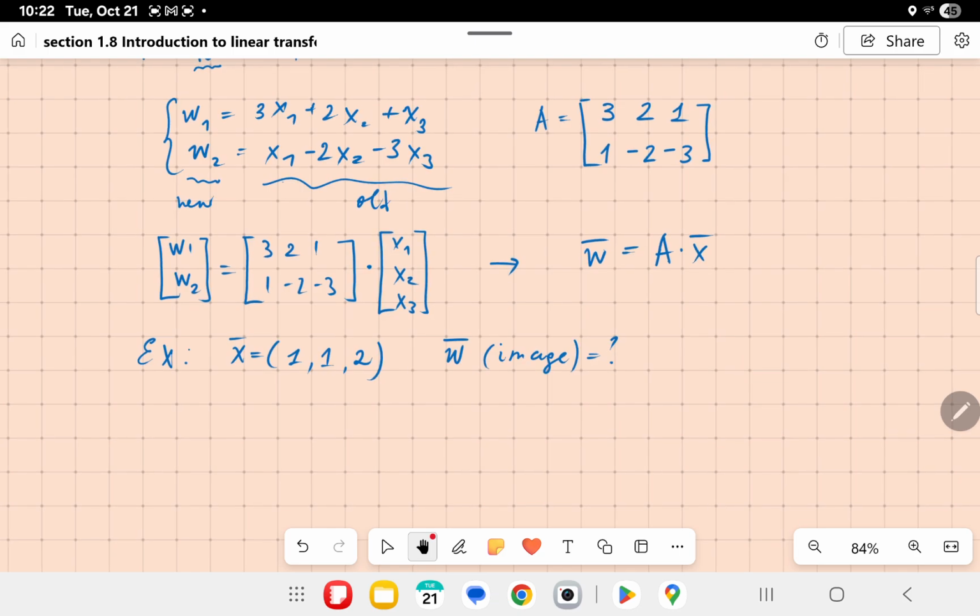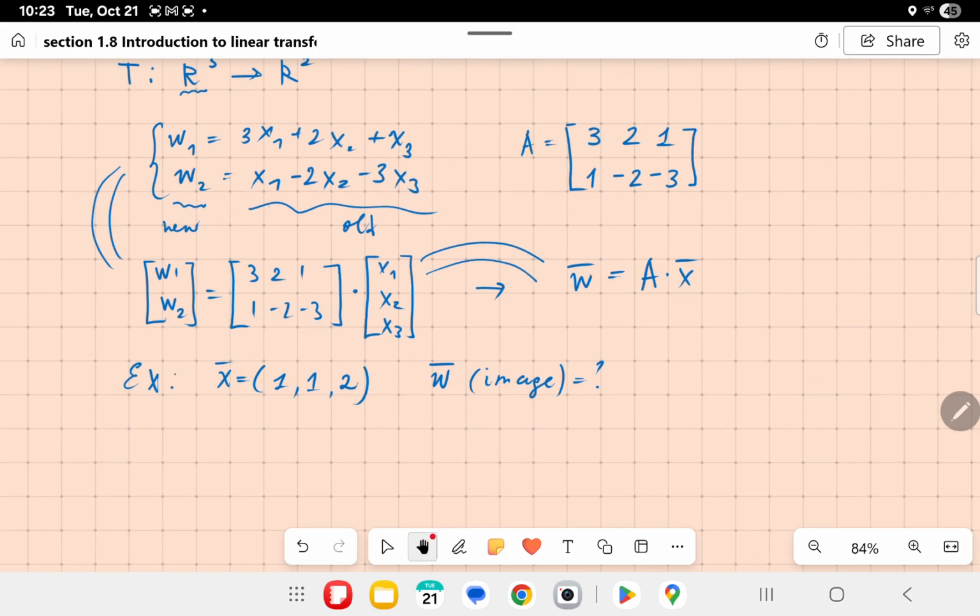Well, we either substitute 1, 1, 2 into this system or do this multiplication. It doesn't matter, because these are just 3 different ways to write down the same thing, right? Okay, I'm going to do the system.